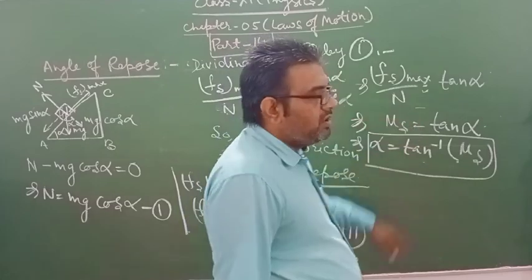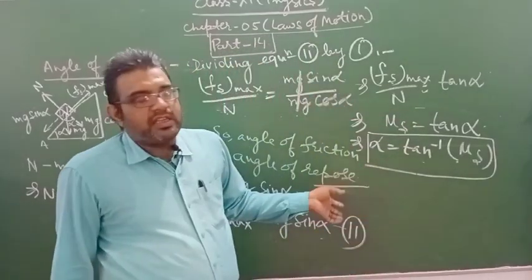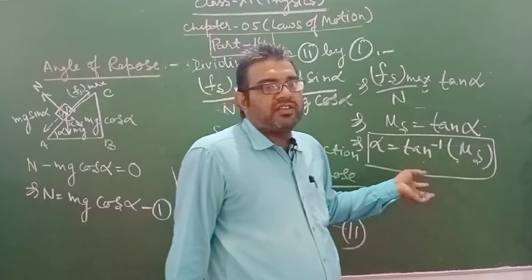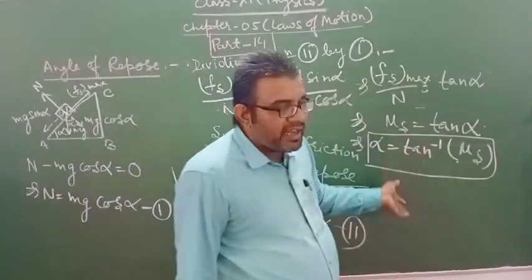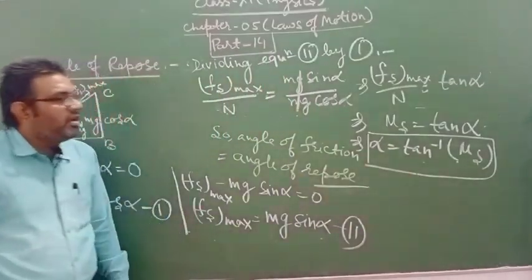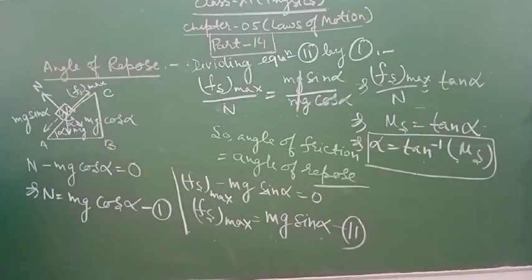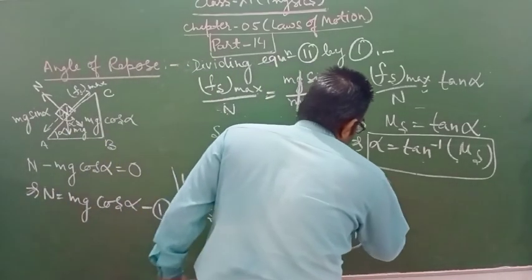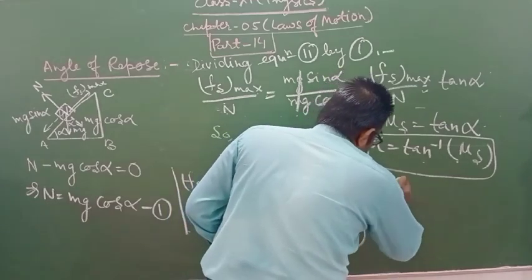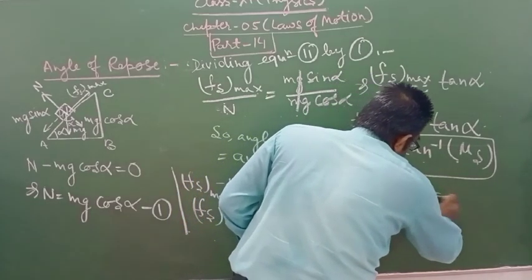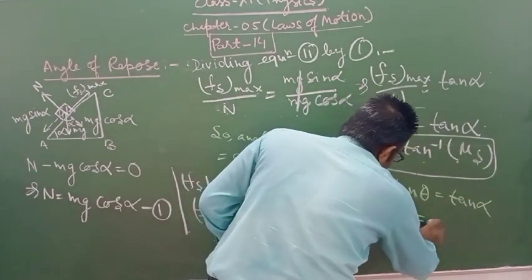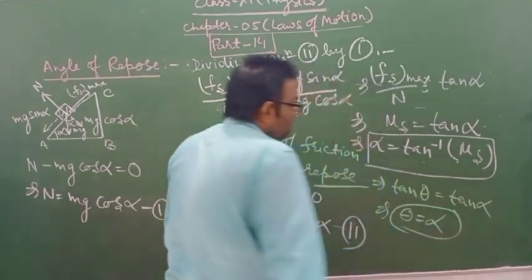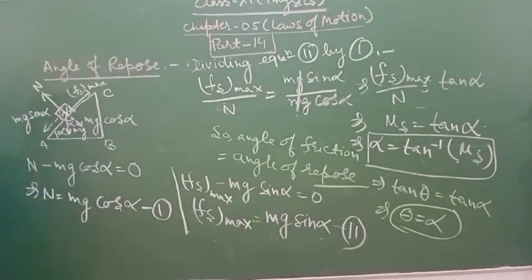So in both cases, the coefficient of static friction is the tangent of the angle. So theta is equal to alpha, which means the angle of friction is equal to the angle of repose.